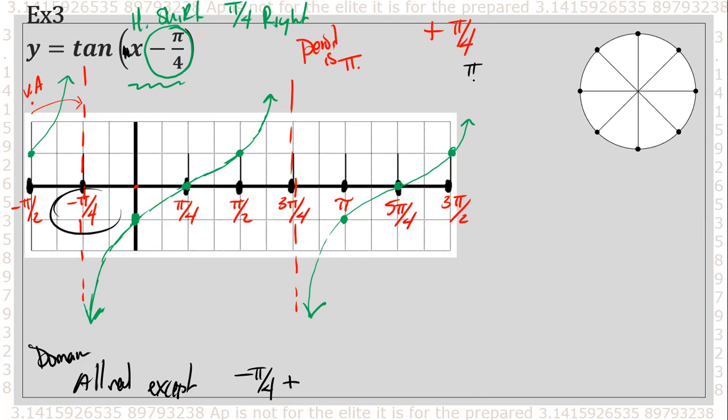So my pi over b is the same thing as pi over 1. So my period did not change. So pi times p, where p is an integer, meaning a positive or negative whole number.